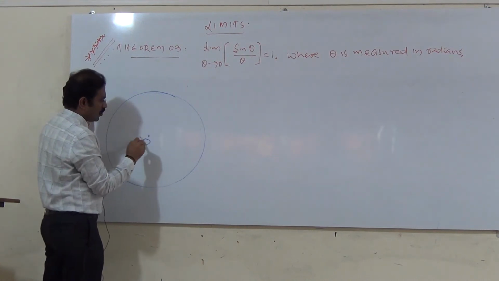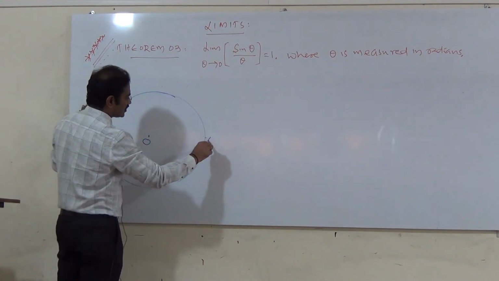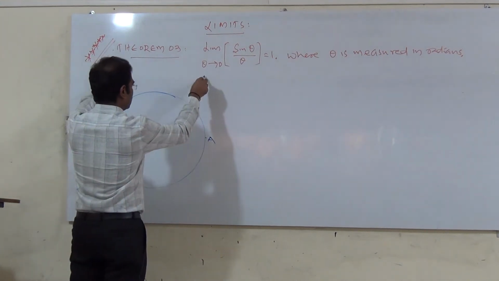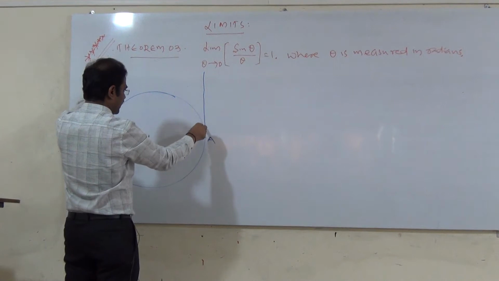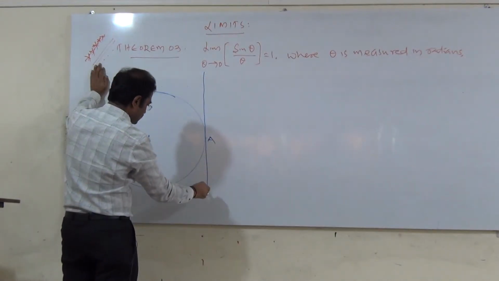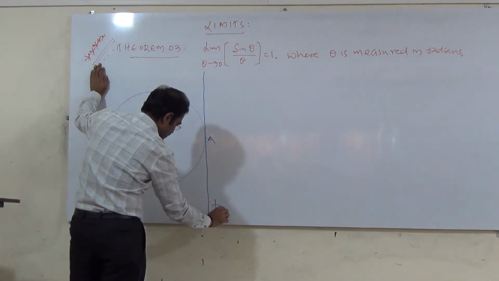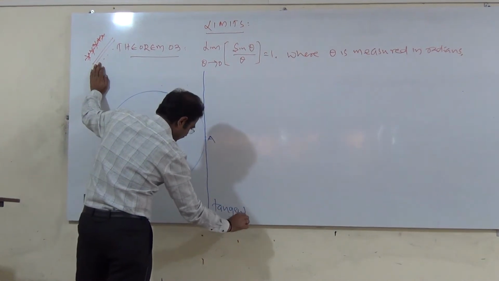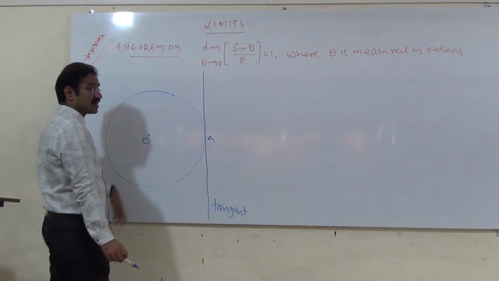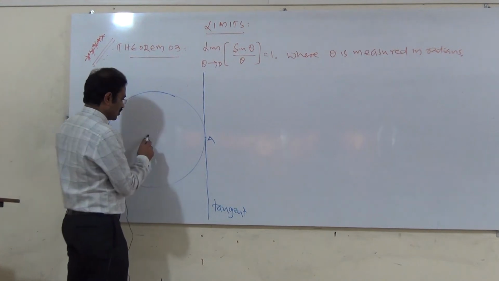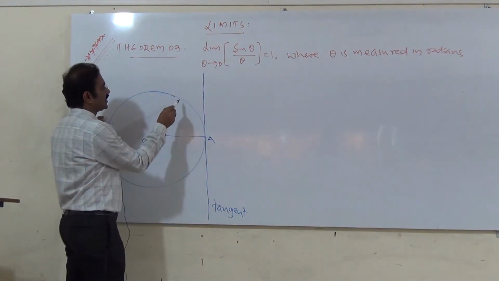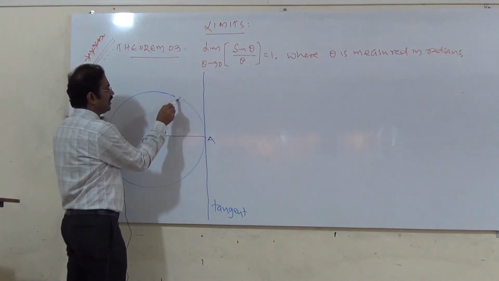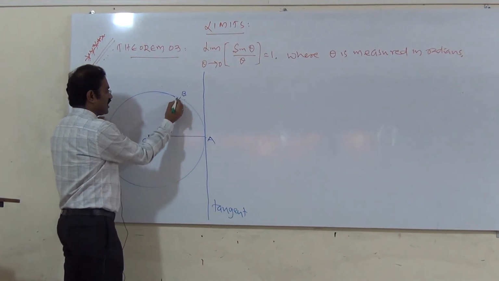This is the point O. Mark the point A. At A, draw the tangent. Tangent means sparshaka, which touches the circle at a single point. Join OA and select one more point, say B, and join OB.